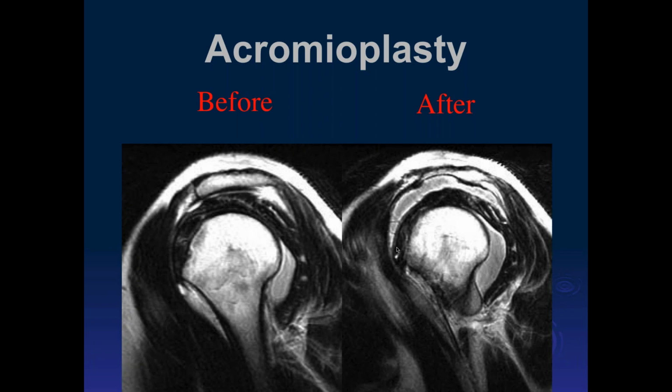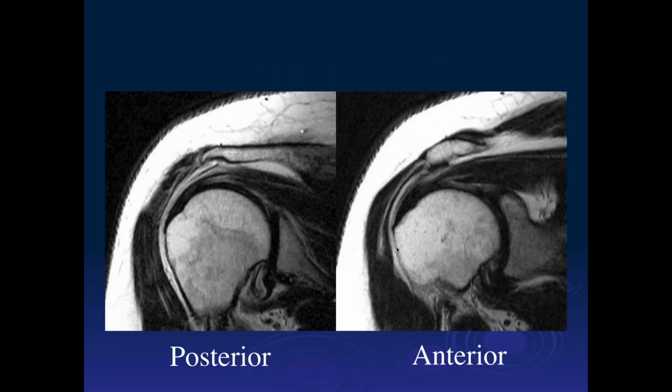It's not recommended to do that ligament release anymore. It used to be. Yeah, the coracoacromial ligament, we leave it alone. Good. And then here is before, where we can see a little bit of lateral downslipping, a lot of eburnation, and here's after the acromioplasty in this particular patient.